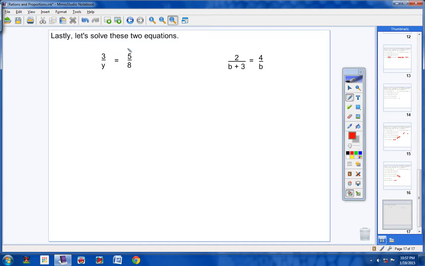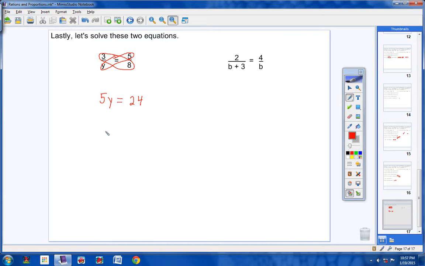So, lastly, let's solve these 2 equations. Alright, let's start off with this one here. Let's solve for y. Remember what to do. Cross multiply. 5 times y is 5y, correct? Now cross multiply. 3 times 8 is 24. Now remember, please listen to me, students. Anytime 2 fractions are equal, you can cross multiply, and the 2 products are going to be equal always.